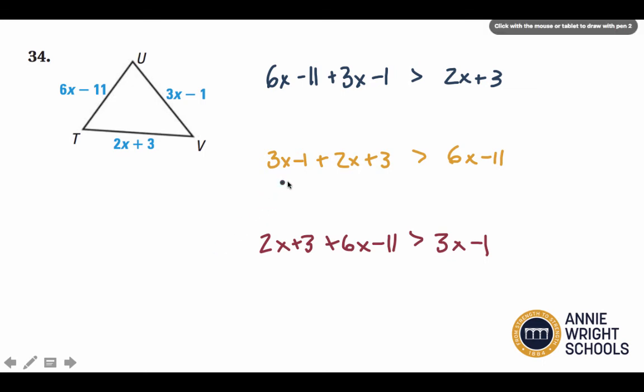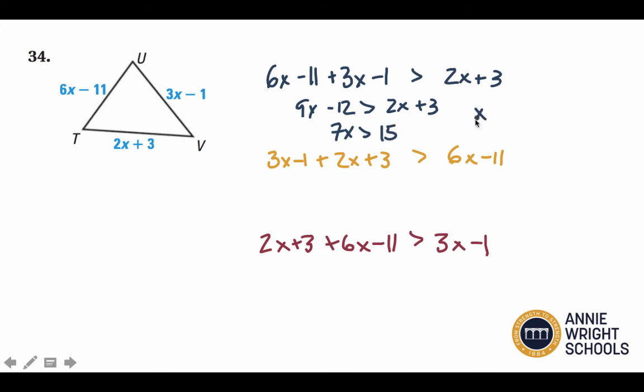If I solve all three of these, so here I get 9x minus 12 is bigger than 2x plus 3, 7x is bigger than 15, I get x is bigger than 15 over 7. Solving the next one, 5x plus 2 is greater than 6x minus 11.